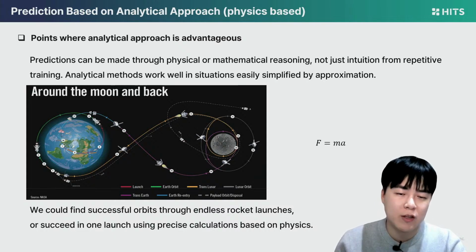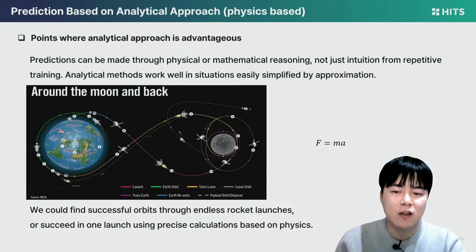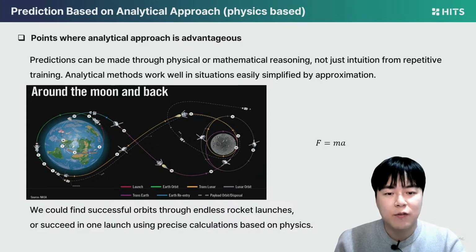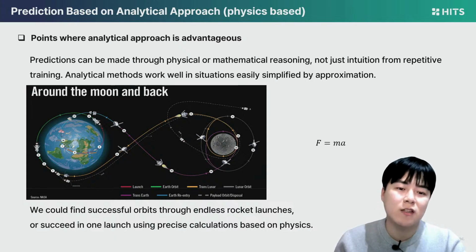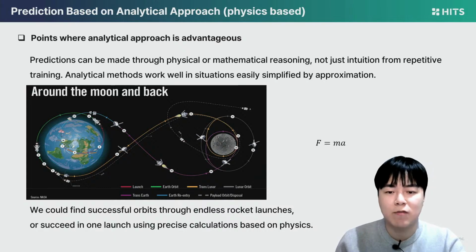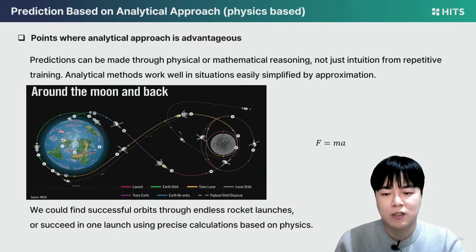We can also predict things through physical laws like F equals ma or mathematical reasoning. For example, when predicting the trajectory of a rocket being launched to Mars or its return to orbit, training is not possible. It's too costly and time-consuming. In such cases, using physical equations to calculate precisely with computers allows for more accurate predictions.